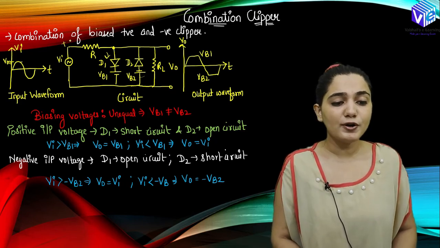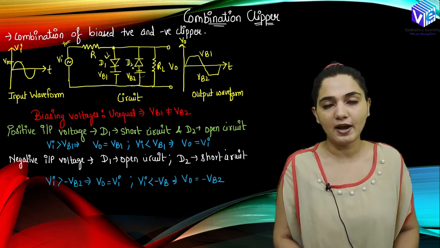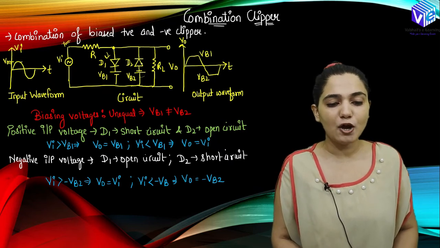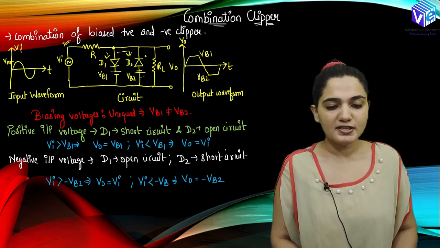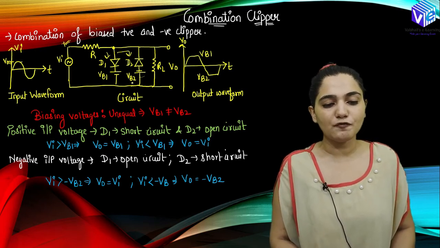When I have a more negative voltage than VB2, what will happen? Diode D2 will become forward biased, and the current will flow through this branch only. Diode D1 will be reverse biased, no current will flow through its branch, and V output will be equal to VB2.